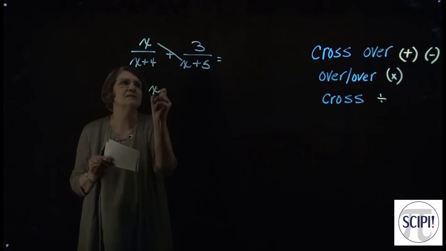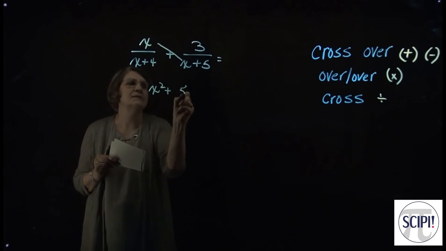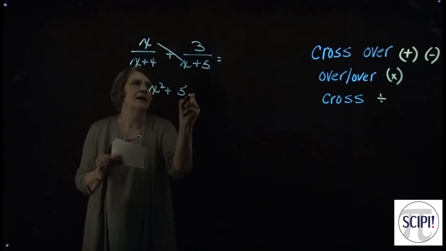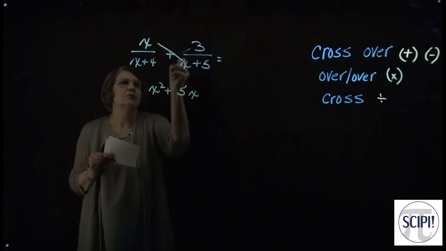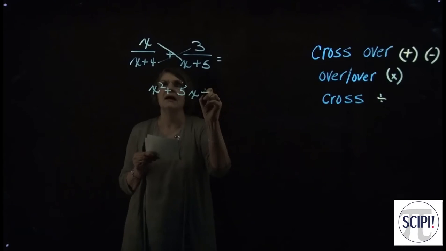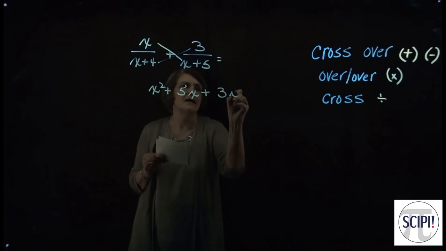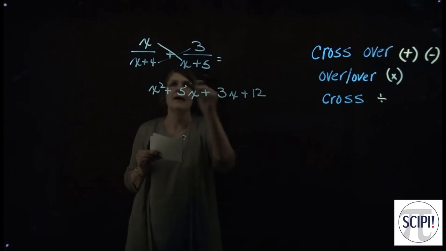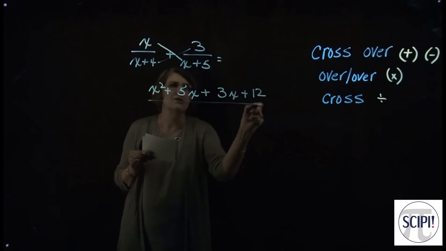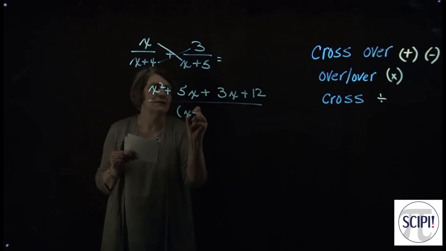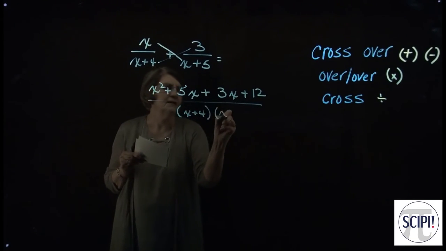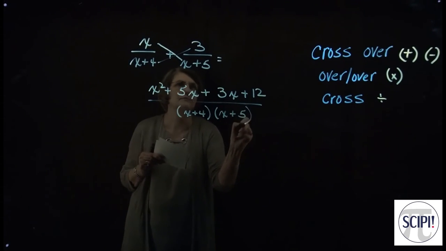So I have x squared plus 5x. I'm going to do this, plus 3x plus 12. And then this is my denominator. This is my over. x plus 4 times x plus 5.